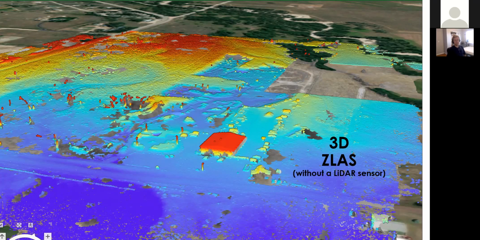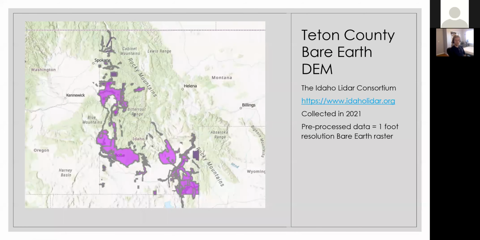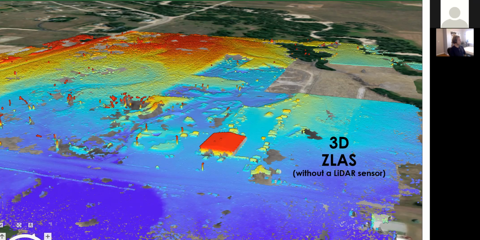I've tried to run this model without any noise reduction or smoothing, so you can see the power poles, the telecom poles, as well as some tree artifacts in here. But there's really no way to keep it from smoothing. That's one of my complaints of Drone to Map: the algorithmic smoothing is enabled no matter what.